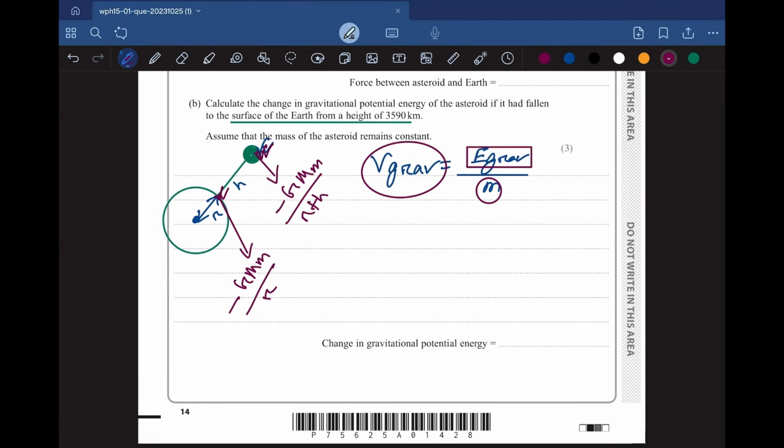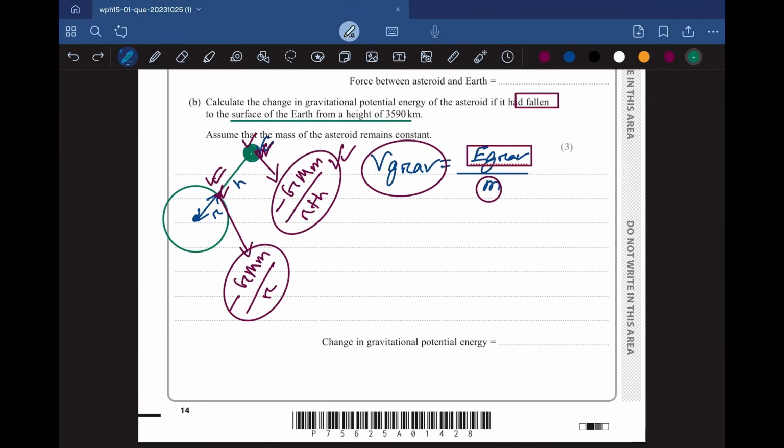Now we know it has fallen. So it has fallen from a higher position to a lower position. To figure out the change in potential, we'll have to subtract these two values. So we'll subtract the initial value from the final, right? To figure out the change in something, we'll have to do final minus initial, right? So this was the final value, and this was the initial.